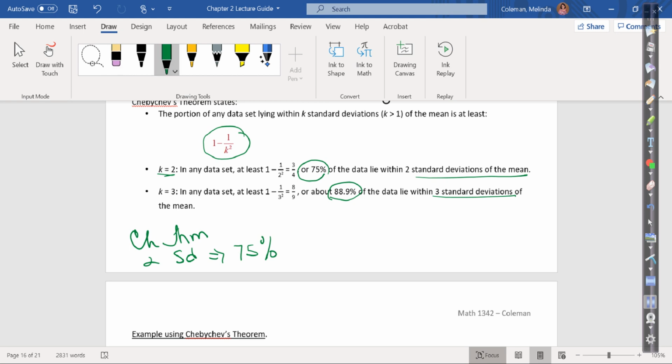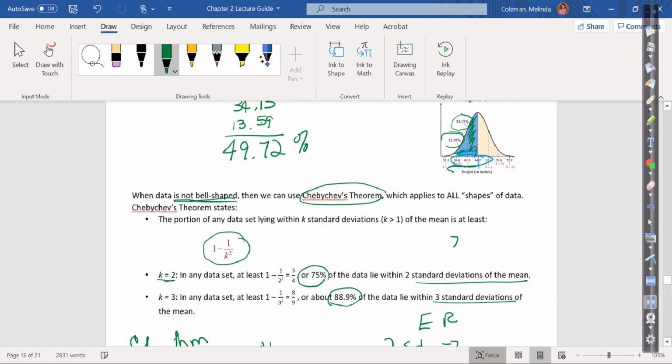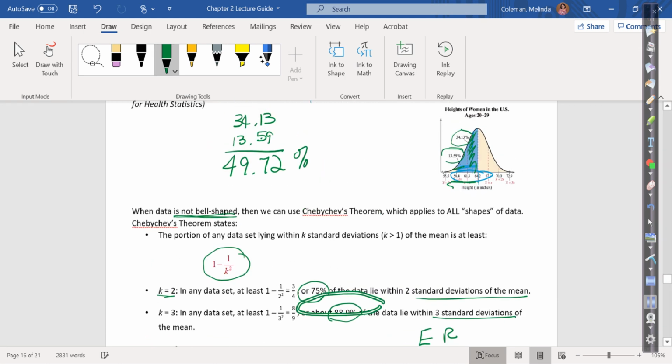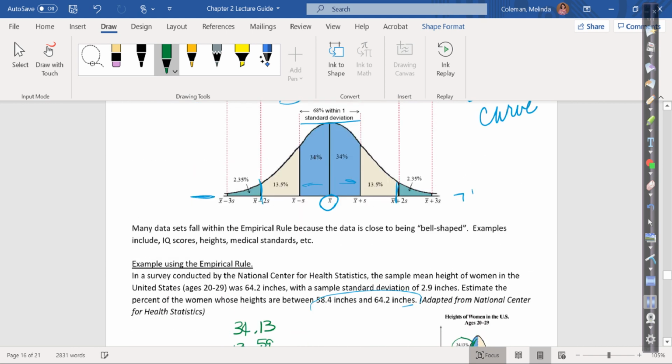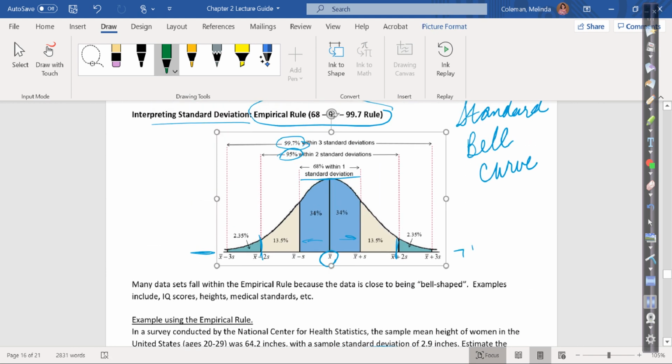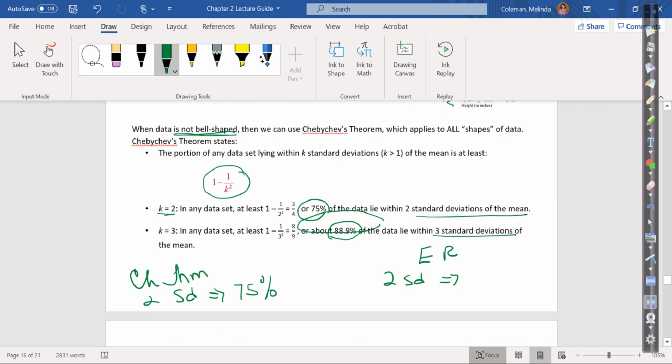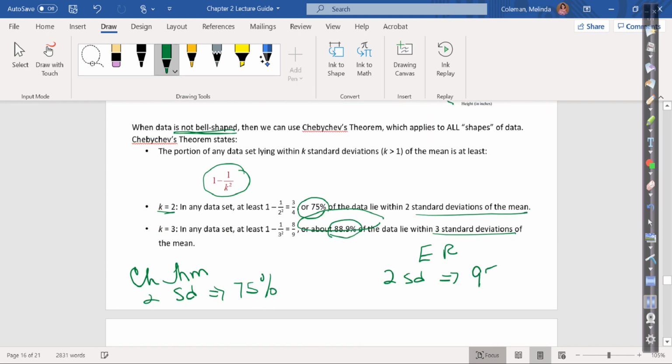With the empirical rule, going back up to my chart, 2 standard deviations represents about 95% of the data. So that's the big difference. Using Chebyshev's theorem, you only hit about 75%, versus using the empirical rule, you hit 95%.